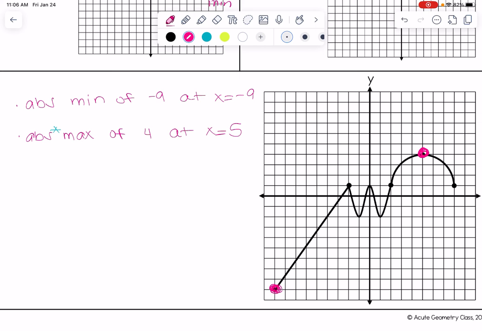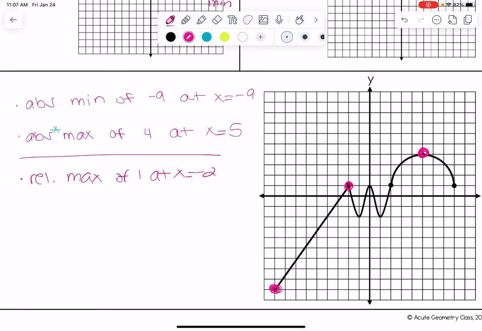Now, there are a lot of ups and downs in this graph if we look especially at the middle. So there are a bunch of relative minimum and maximum that we can also identify. So let's go through them. So I have a relative max of 1 at x equals -2. So that's this point here that I'm bolding. And then let's just go to the right a little bit. Over here, now I have a relative minimum.